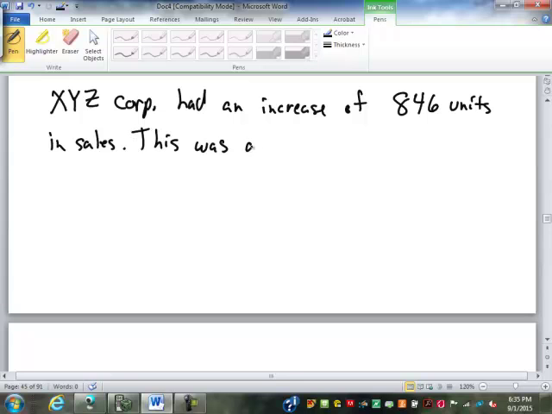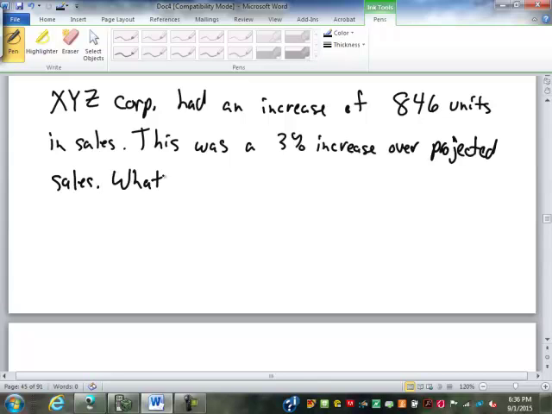This was a 3% increase over projected sales. What were the projected sales?